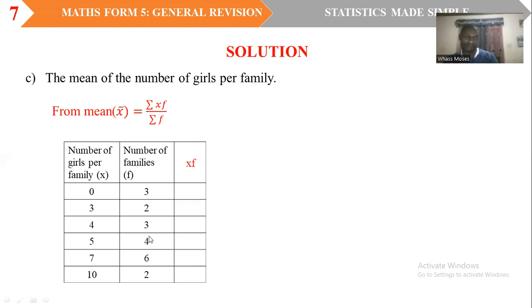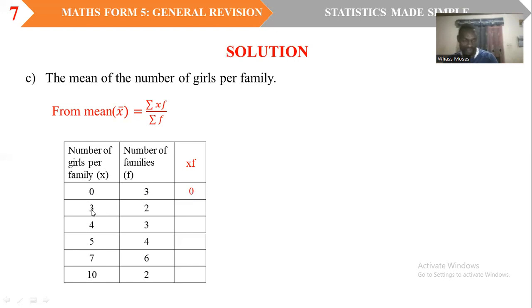Good. Now, in this table, to fill this, what is XF? XF means that for each row, we multiply the score with the frequency and obtain XF. As you can just see here, 0 times 3 gives 0.